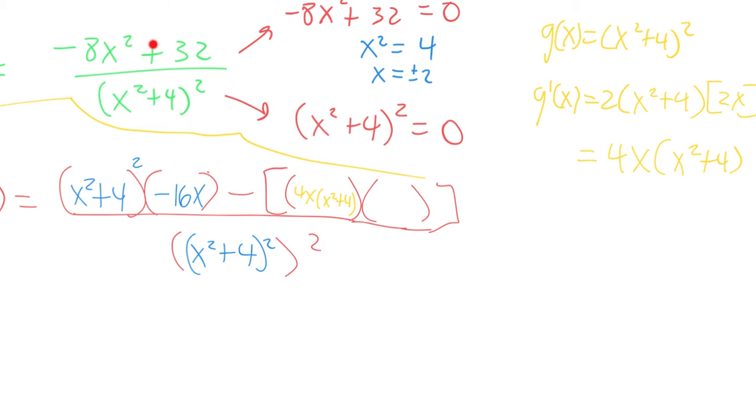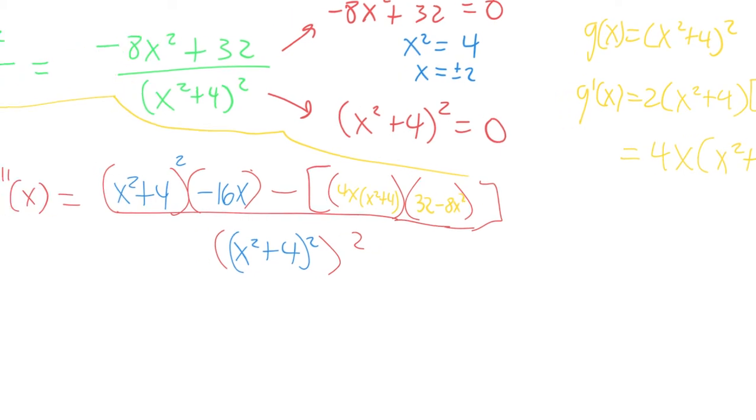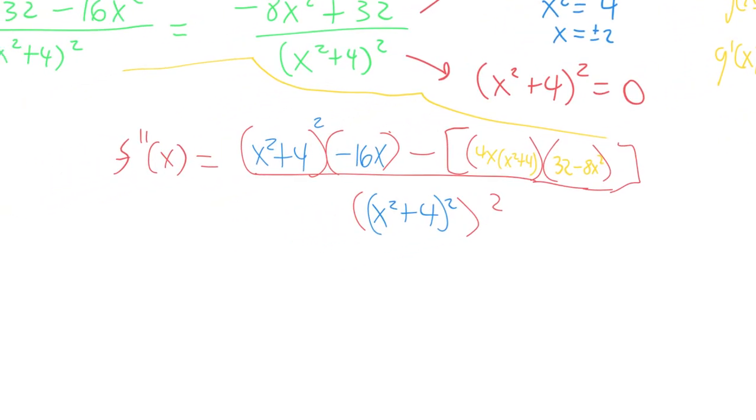Now I'm actually going to write this original numerator in the reverse order just because I don't really want to deal with a negative 8x squared as the first term. I prefer it to be this. So I think right out the gate, it's obvious that there's a GCF going on of x squared plus 4, okay?